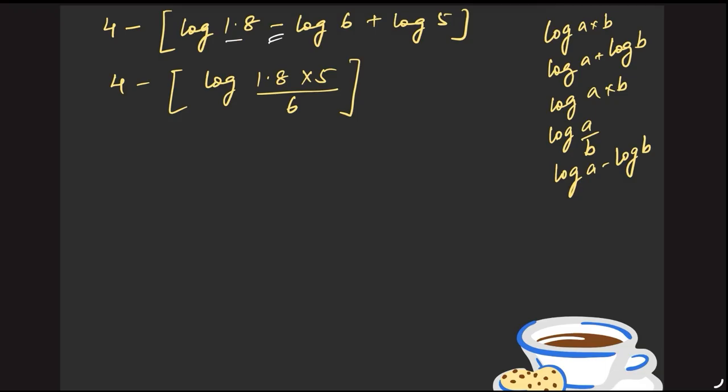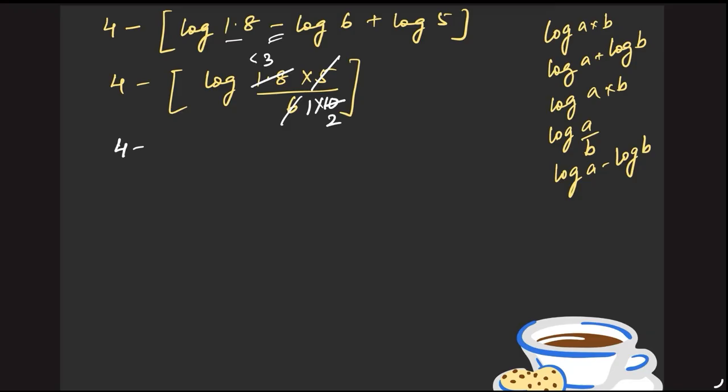So this is 6, and 6 into 0.3 will be 1.8. 6 threes are 18. So 6 into 0.3 is 1.8. Then removing the decimal in the denominator, you will get 10. This becomes 5 ones are 5, 5 twos are 10. So this is log 3 minus log 2.